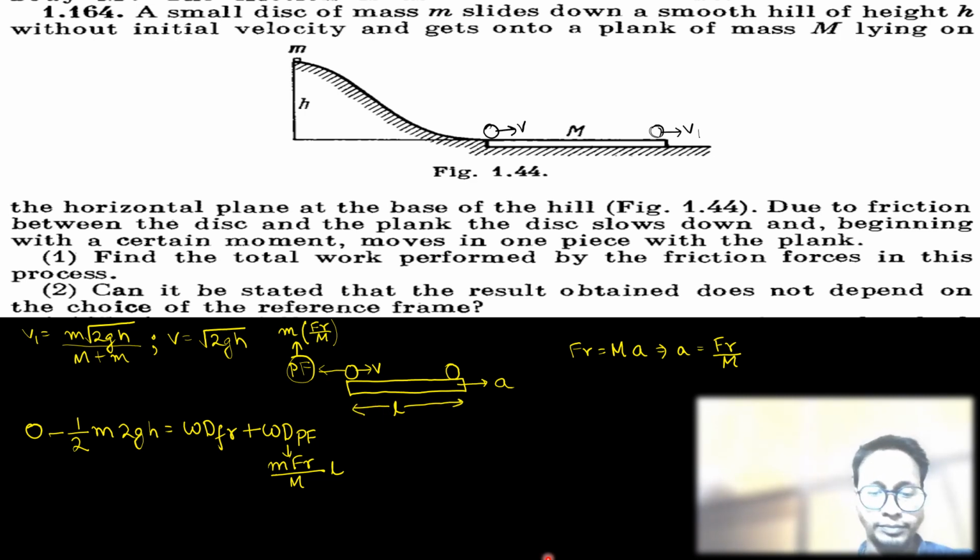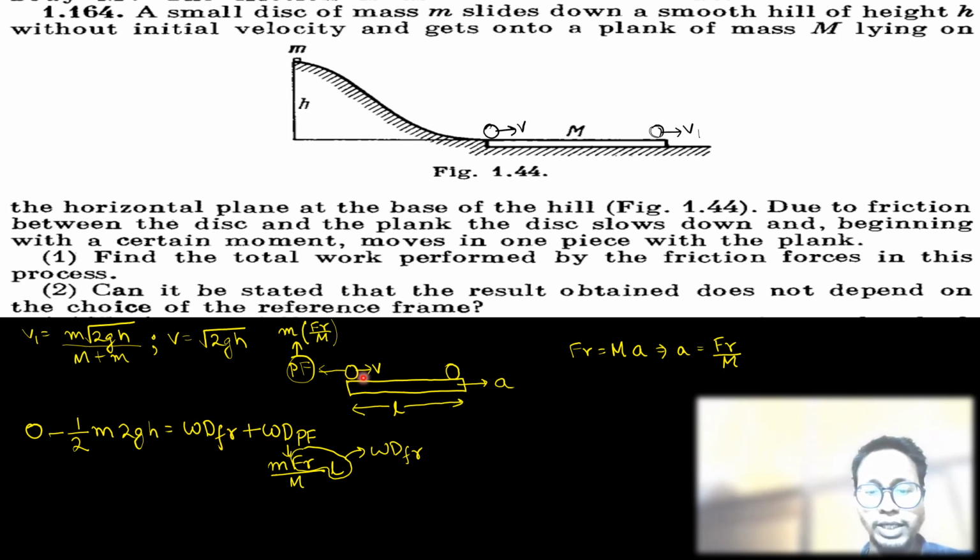Fair and fine. Now see, what is this friction force into L? This friction force into L is nothing but work done by friction force, isn't it? What is the work done by friction force?